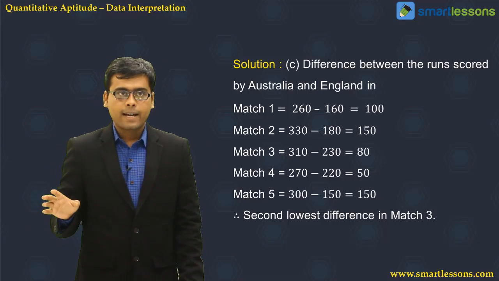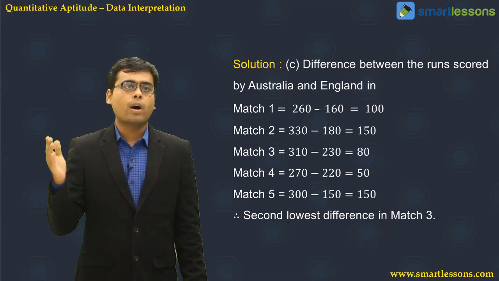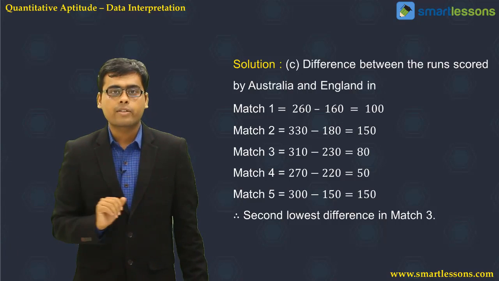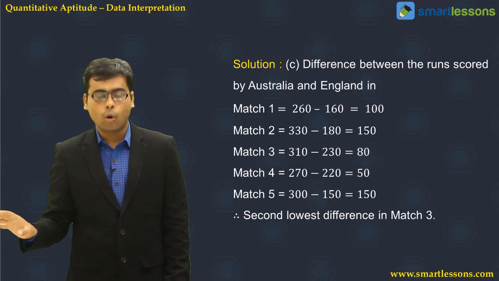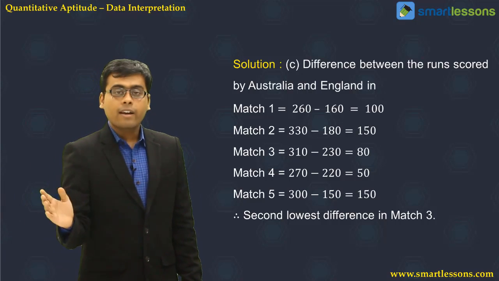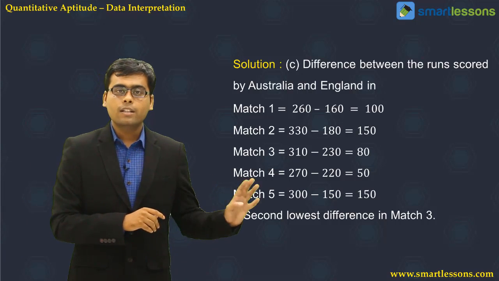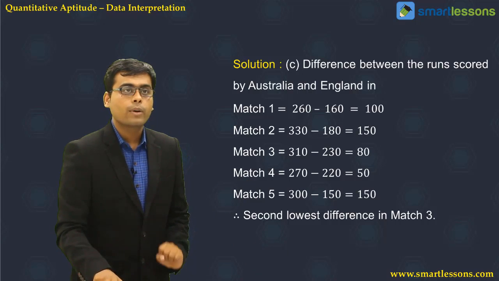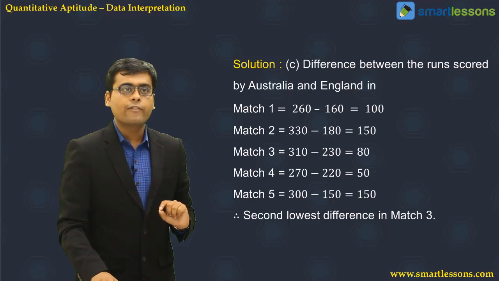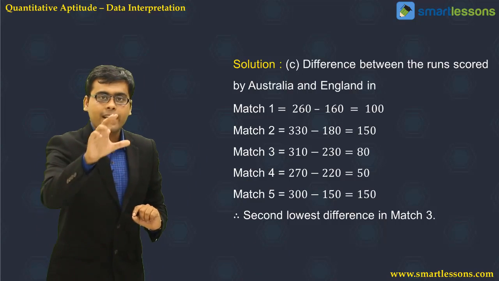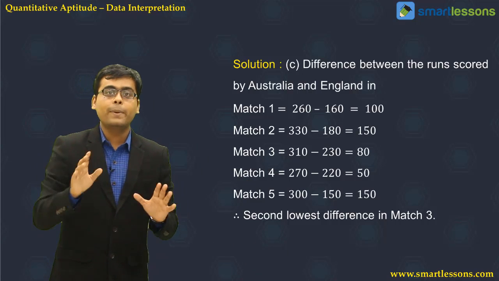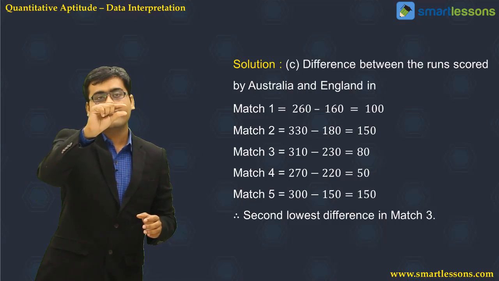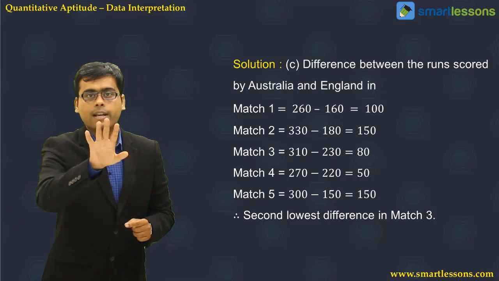But again, as you need to work out 5 different calculations, it is again time consuming. Now instead of doing so, you can resort to this logical choice of answer. Again, the difference in runs will be well represented by the difference in height in the graph.